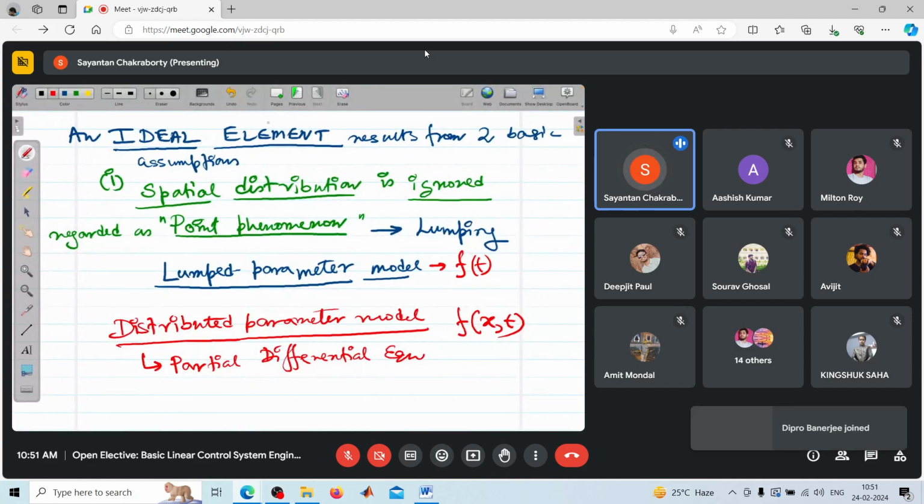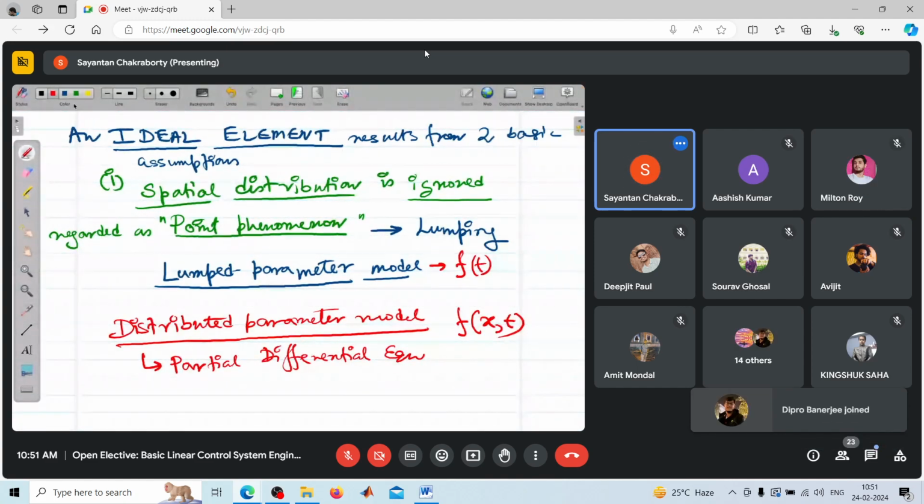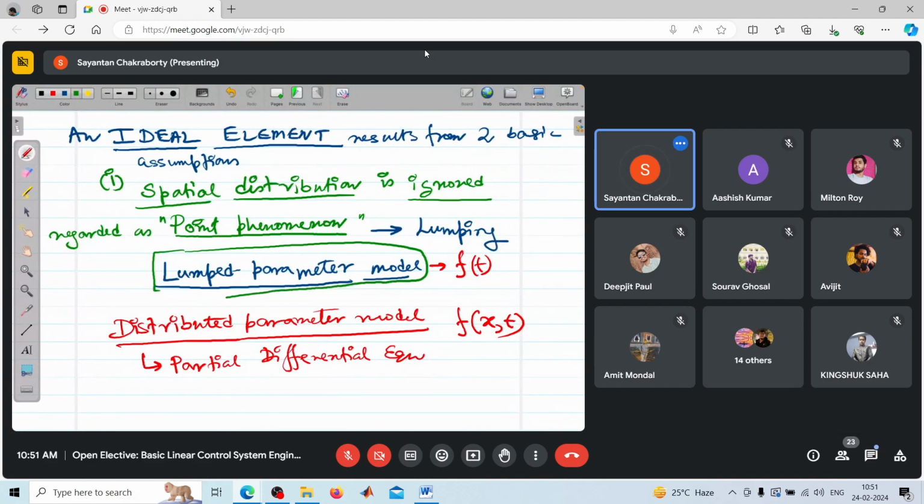The second assumption, this is the first assumption, so we assume the element to be lumped or considered to be a point phenomenon.